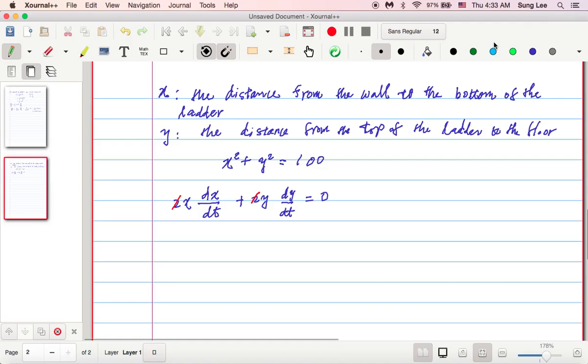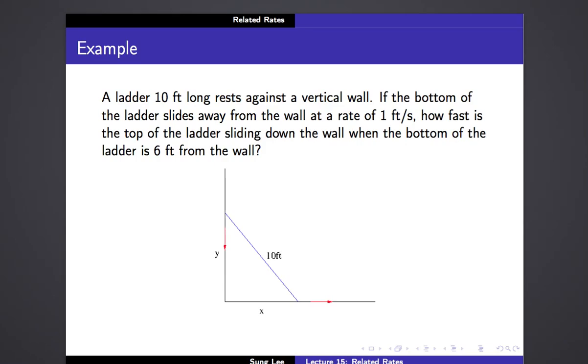So we have the equation x times dx/dt plus y times dy/dt equals 0. Okay, so now we can solve it for dy/dt. That's what we are being asked, right? Going back, what's the question? How fast is the top of the ladder sliding down the wall, right? That's the question. So what is the dy/dt?